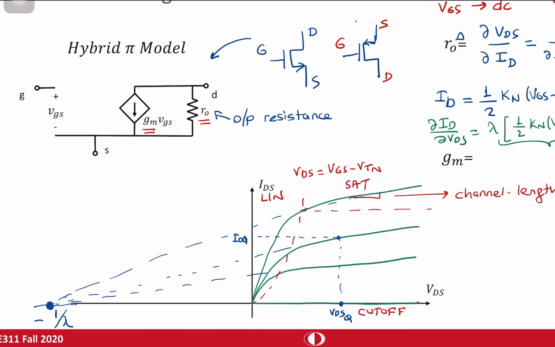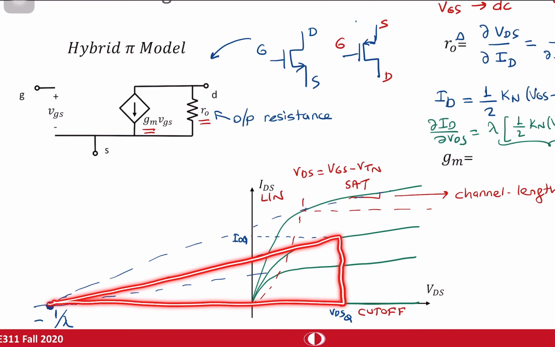And the slope in here can be found from this triangle. Okay, there's a triangle in here. I'm trying to find the slope, and that slope is in fact this thing divided by this distance.